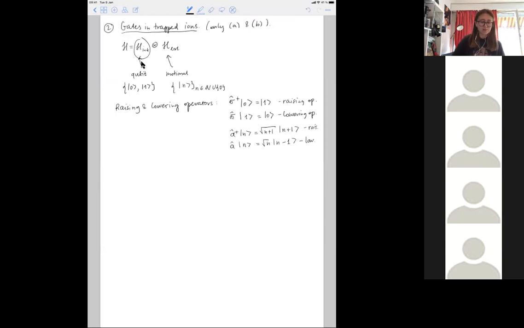And in this exercise, you have to look at the operation R, which depends on theta and phi, some parameters, and which is written out as the following exponential with these operators.